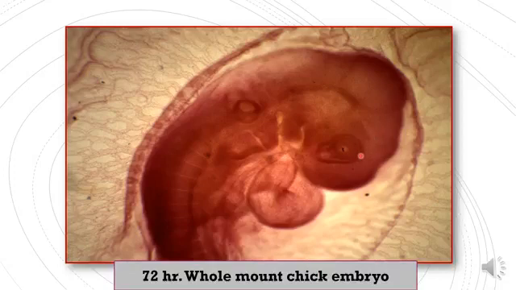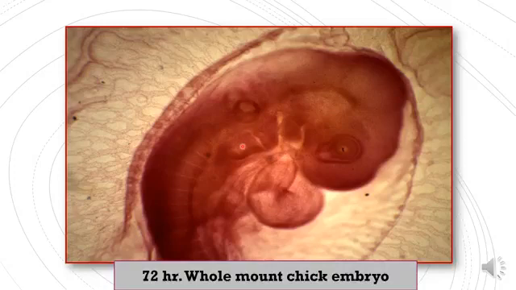From the diencephalon, you can see this is the optic cup and lens vesicle. And this is the otic vesicle, or otocyst, or ear vesicle.